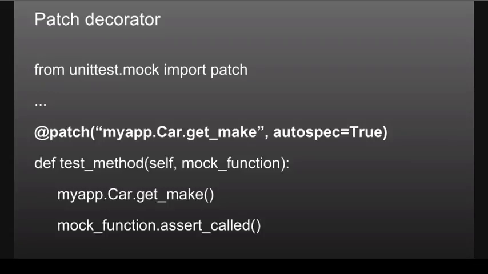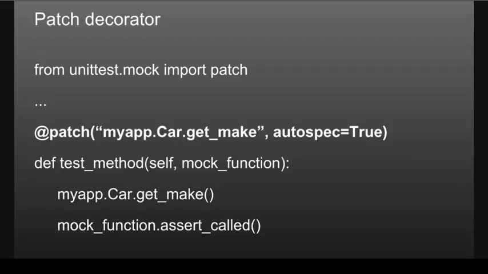And you have to set autospec to true in order to get the full mock object spec to be filled out. There are a lot more parameters that go into patch, so many that I didn't really want to get into them tonight, but you're welcome to go look them up. Some of them are very obscure and generally don't get touched. But if you're a power Python user, you might want to tinker with it.